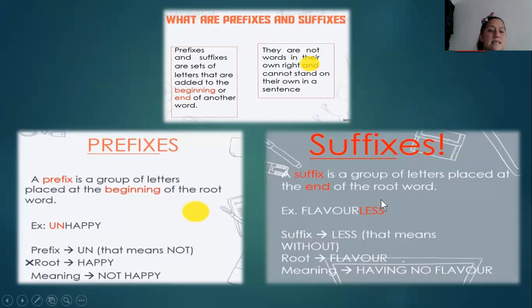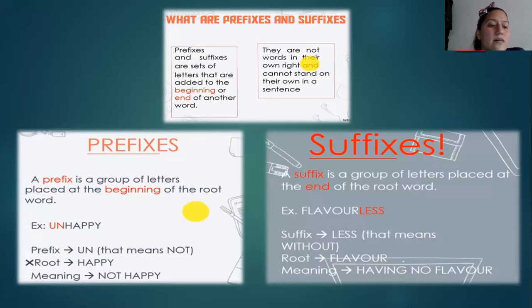A prefix is a group of letters placed at the beginning of a word. For example, we have unhappy. Happy is an adjective that describes your emotion.